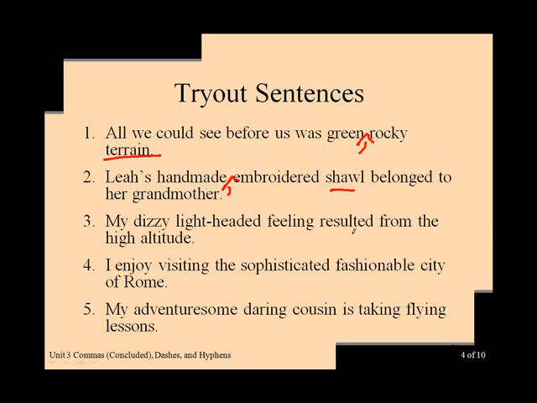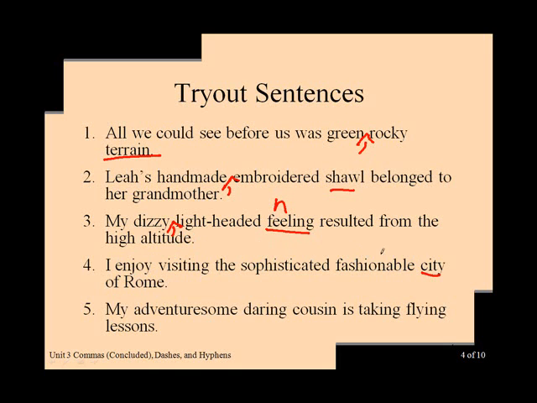The dizzy, lightheaded feeling resulted from the high altitude. What kind of feeling? Dizzy and lightheaded, lightheaded and dizzy, so we put our comma. I enjoy visiting the sophisticated, fashionable city of Rome. What's my noun? City.